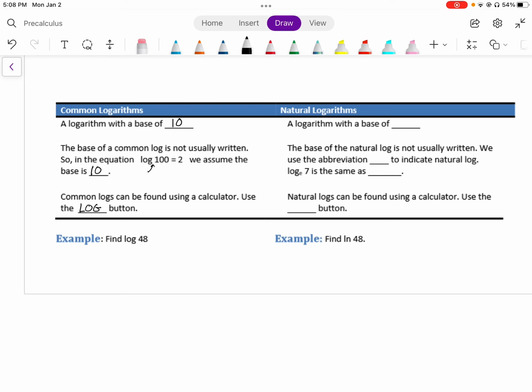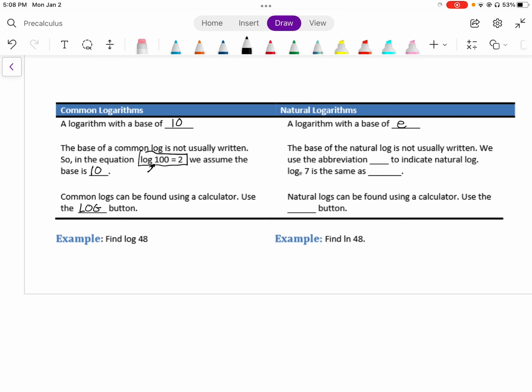And then over here we also have natural logarithms. Natural logarithms have a base of e. We haven't done a lot with the number e yet, but it will come up. The base of the natural logarithm is also not usually written. So what do we do? We already have one over here where we don't write anything, log of 100 equals 2.